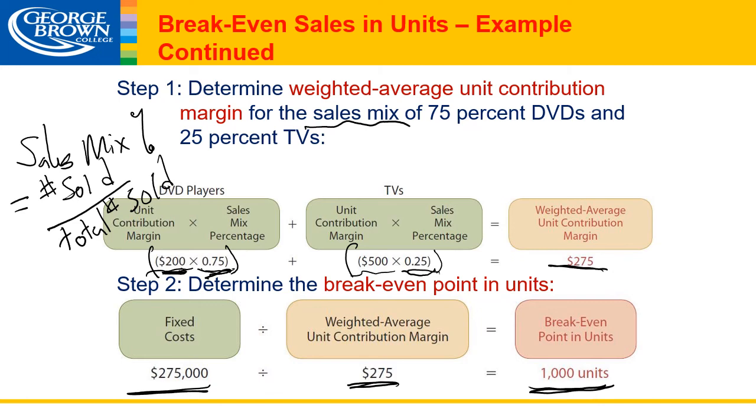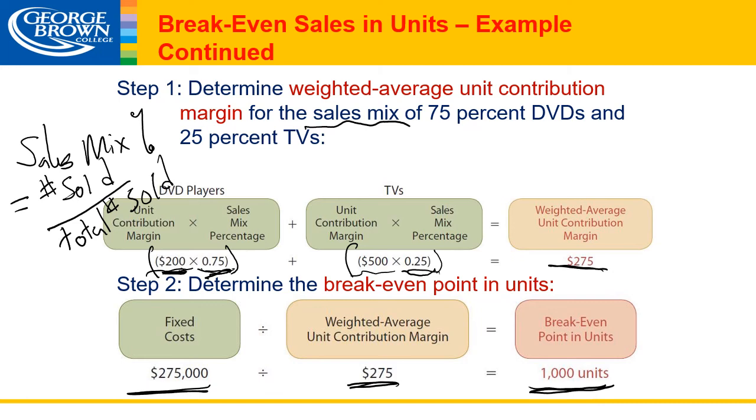And we've talked about cost volume profit, or CVP, where we took a look at different kinds of break-even analysis that we could do. For example, we could do a straight break-even in units sold or in sales dollars. We can now do it with a target operating income, or even a target profit or net income after tax.